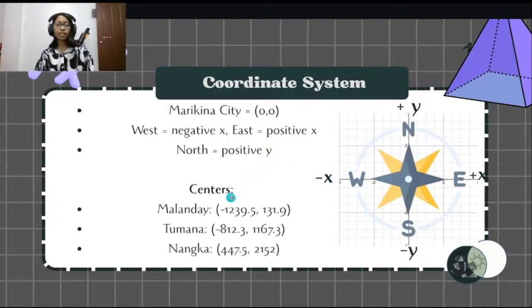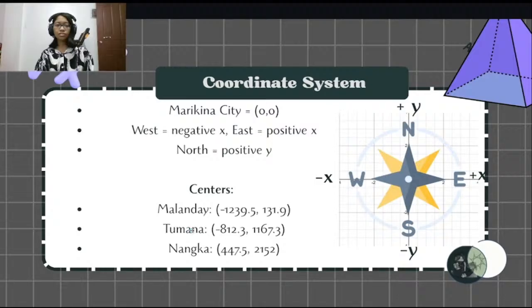So, negative 1,239.5 and 131.9 meters north, positive y. So, 131.9.